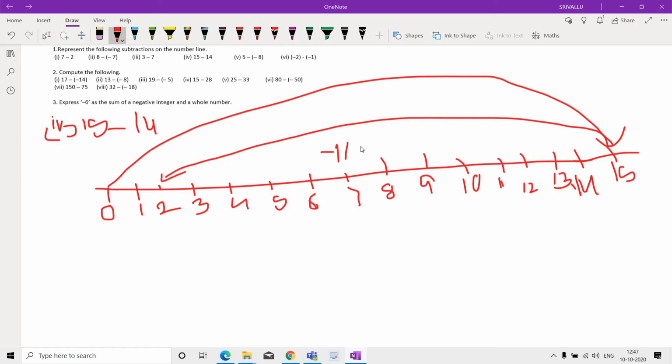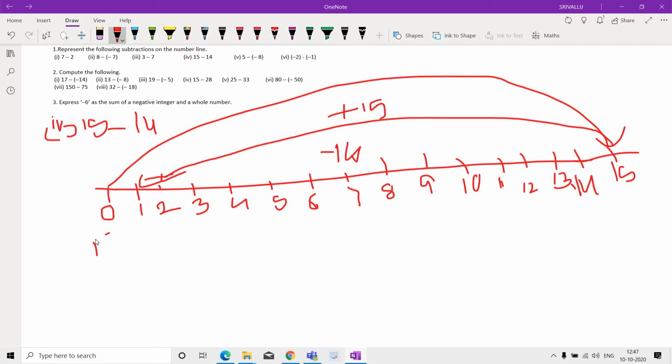Minus 14 plus 15. So I am getting 1. See here, 1. I am subtracting 14 from 15, which means subtracting 14 numbers from 15.